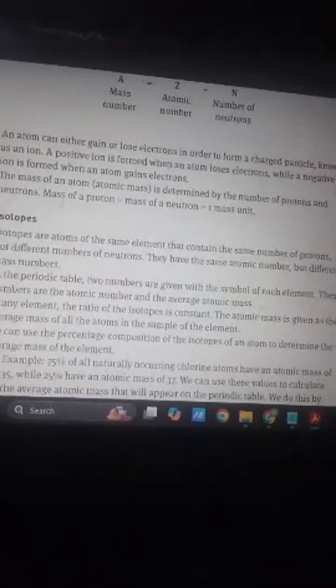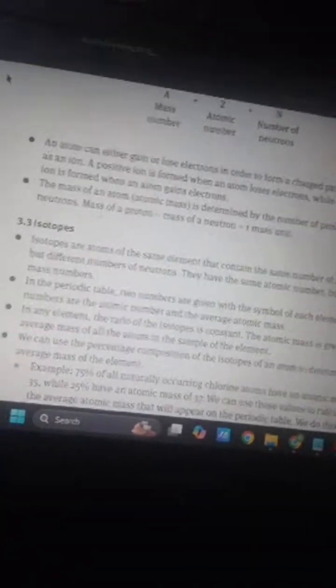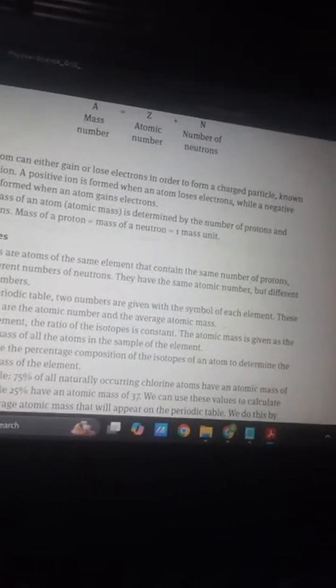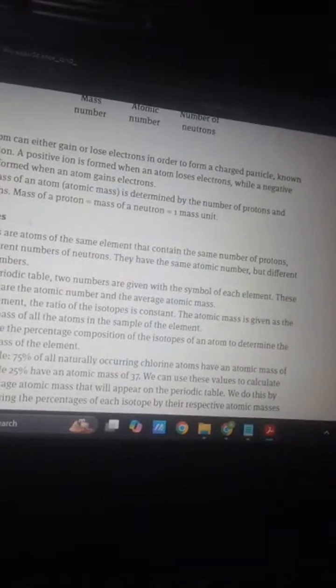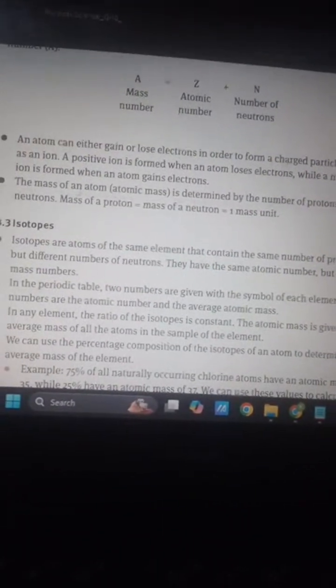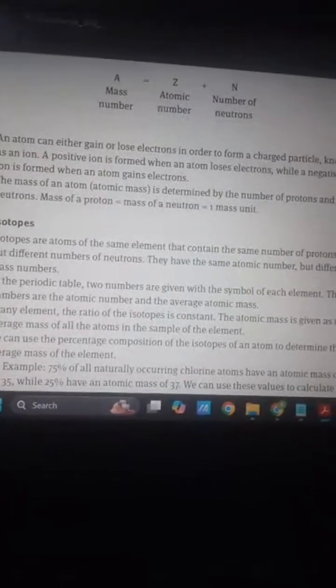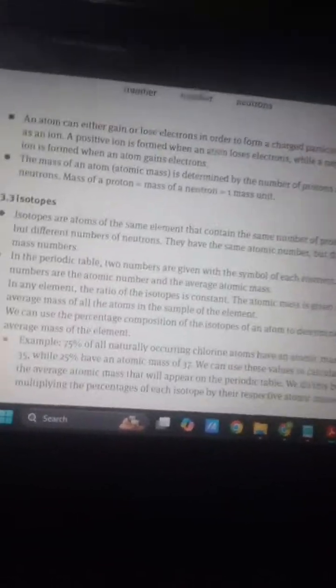Remember, electrons are negative. The mass of an atom is determined by the number of protons and neutrons. The mass of a proton is equal to the mass of a neutron, which is 1 unit mass.